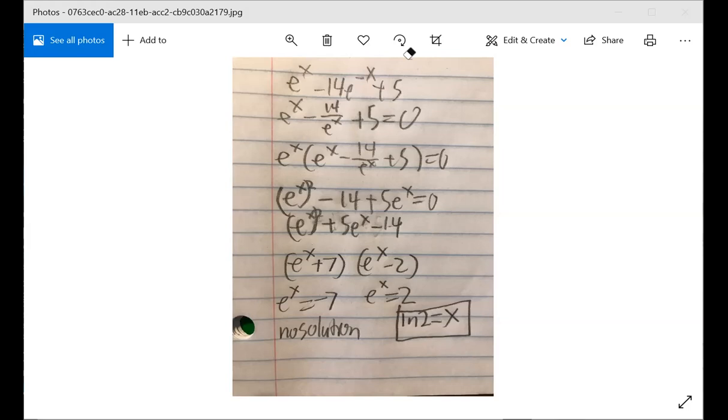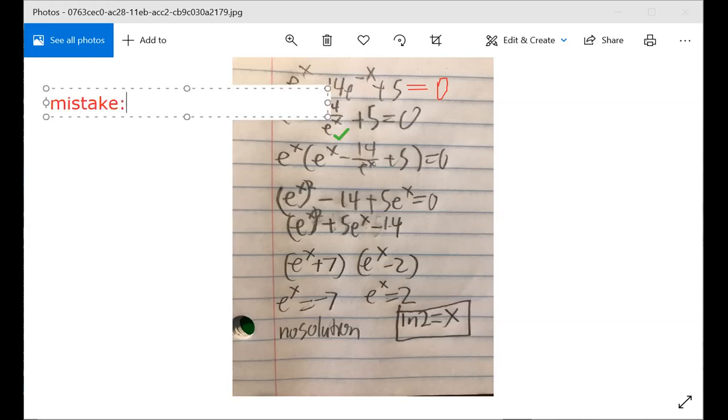I'm going to use my red. If this equals 0, and that step is right, this step is right, this step is very good. A lot of people make a mistake like this, so let me show you the mistake.